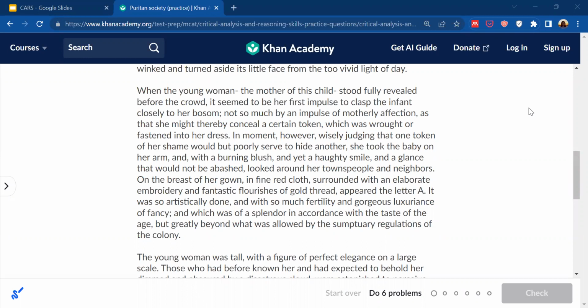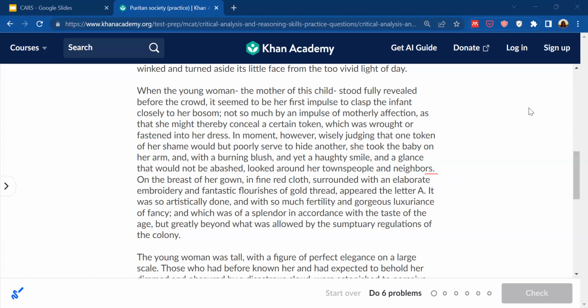In a moment, however, wisely judging that one token of her shame would be poorly served to hide another, she took the baby on her arm, and with a burning blush and yet haughty smile, and a glance that would not be abashed, looked around her townspeople and neighbors. So I'm going to stop there because I don't want to go too far and get lost in it. So they're describing this woman a little bit more.